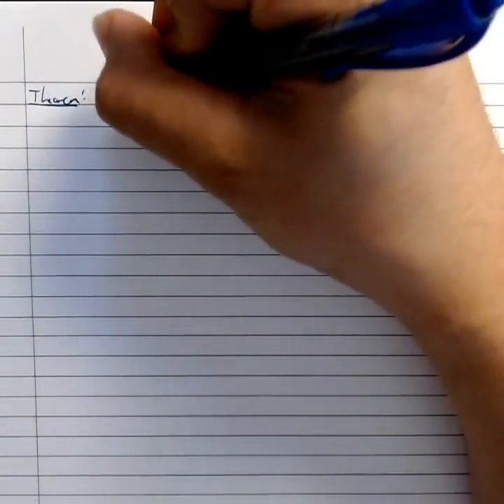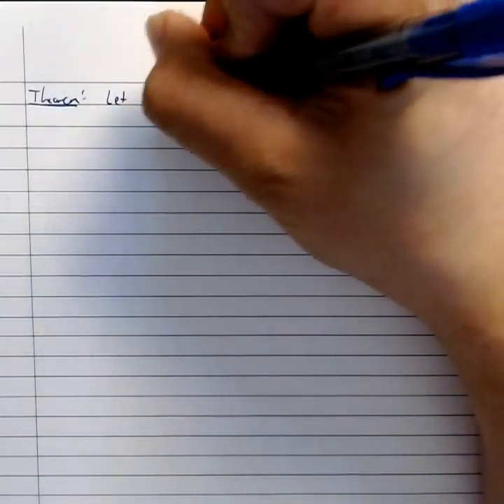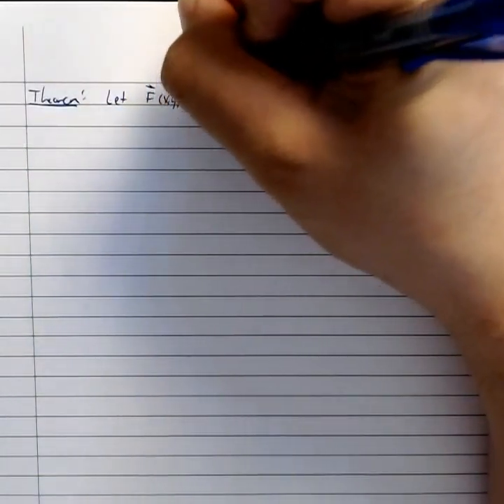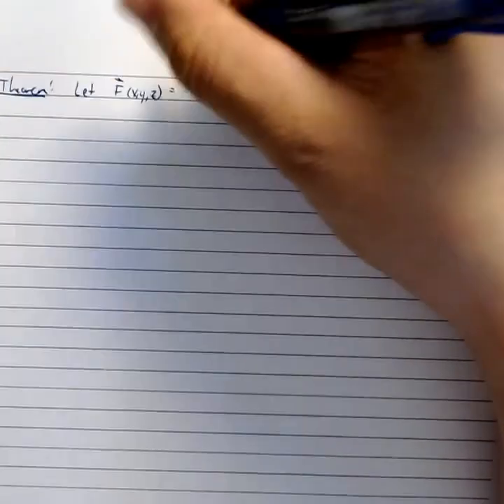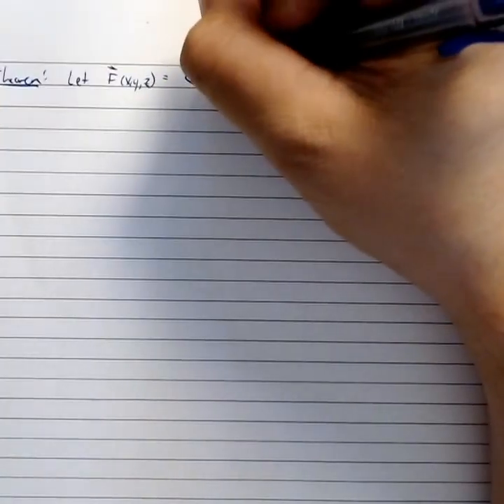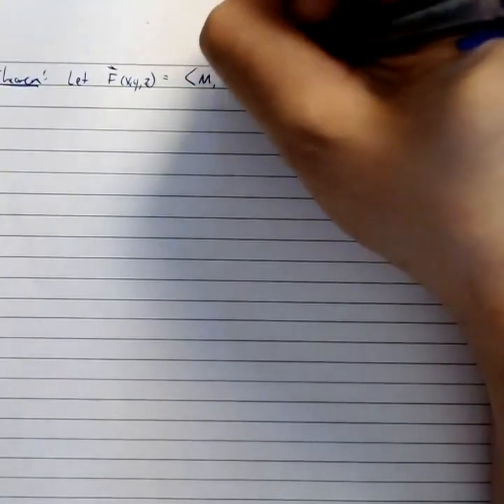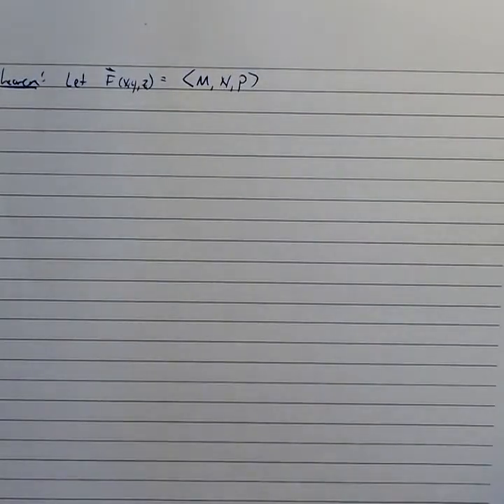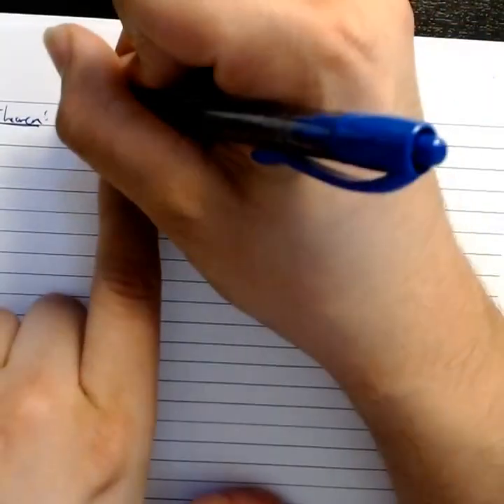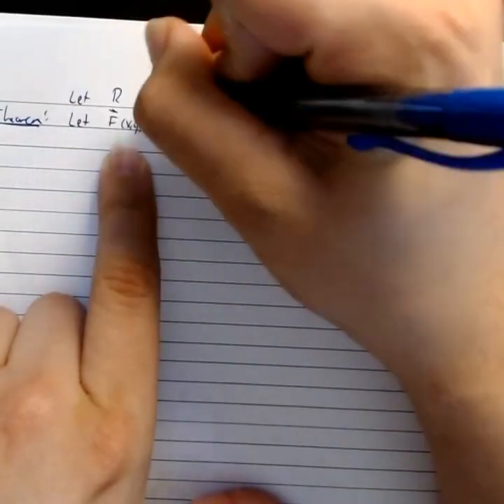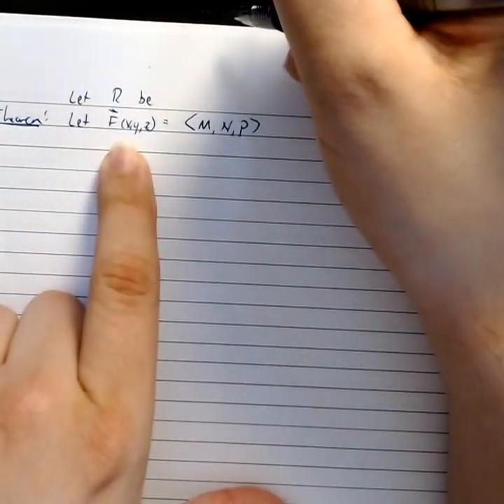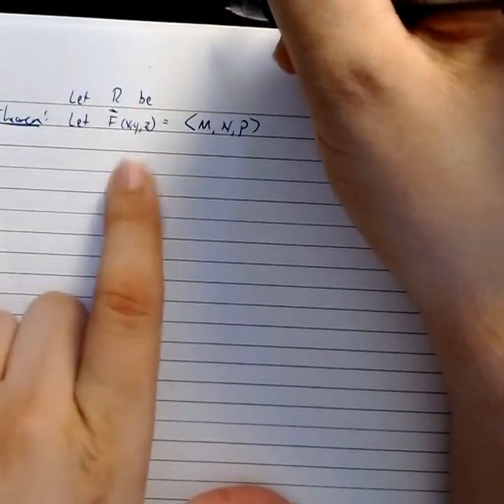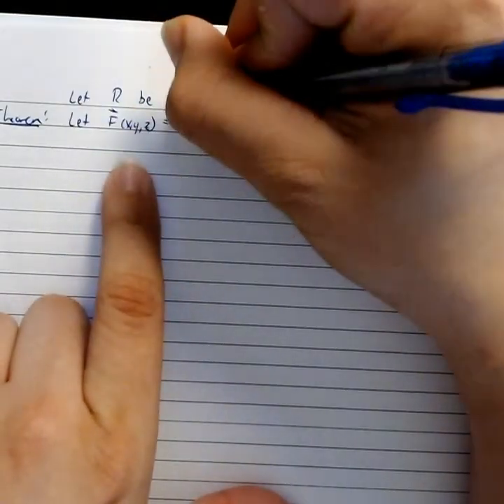Let's begin with a vector field. Let F of x comma y comma z be a vector field whose components are m, n, and p respectively. Let's let that vector field have continuous first partial derivatives. I guess I should start with that. Let R be an open connected region, just like we had in the last theorem.